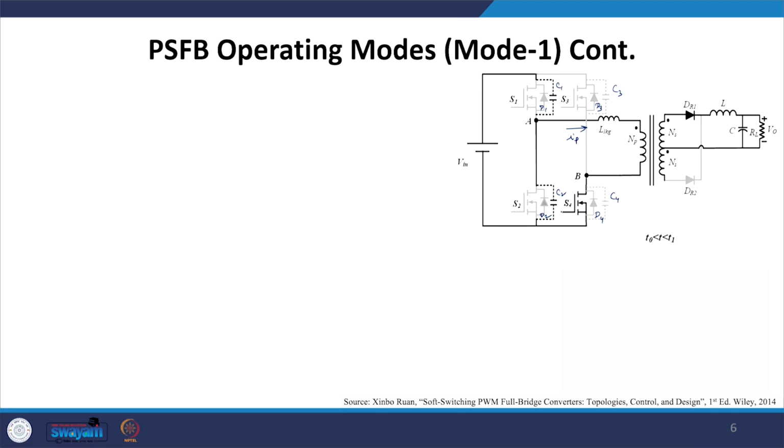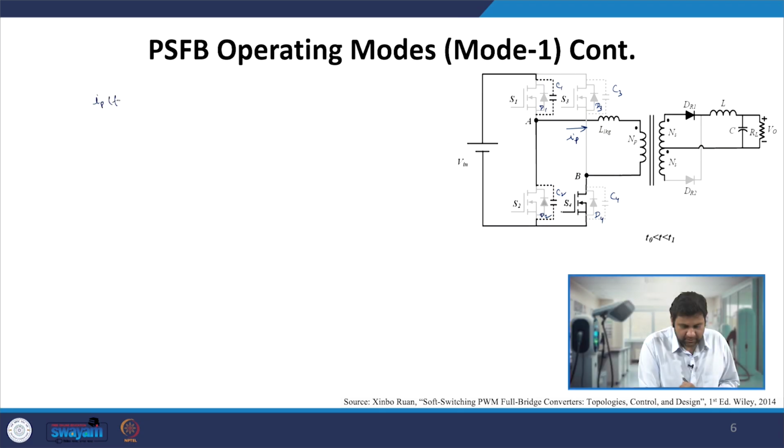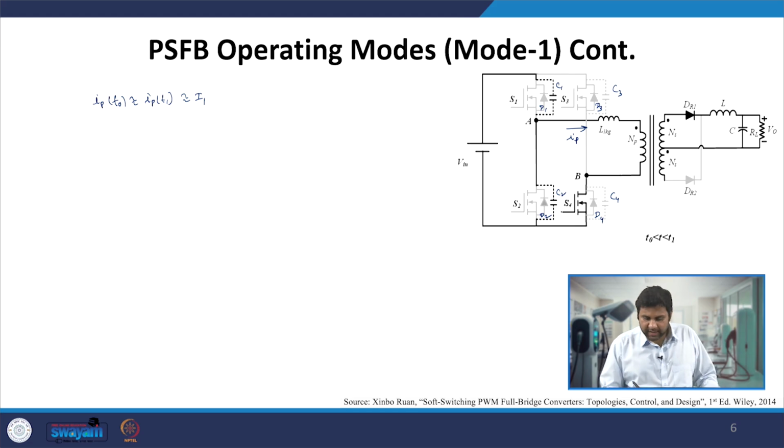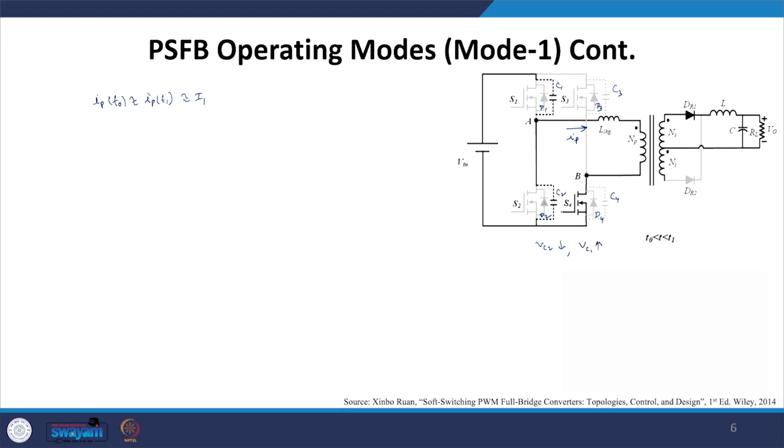So we can write IP at T0 is nearly the same as IP at T1, which we define as I1 current. And we know that VC2 is discharging and VC1 is charging. So VC1, obviously a function of t, is charging from 0 voltage, and it is charging with the current I1.